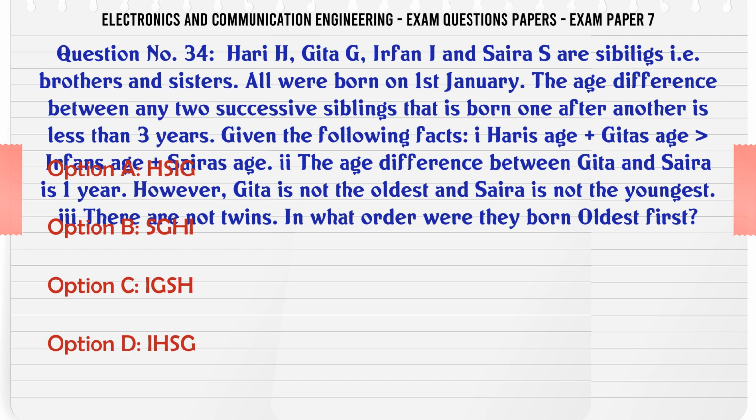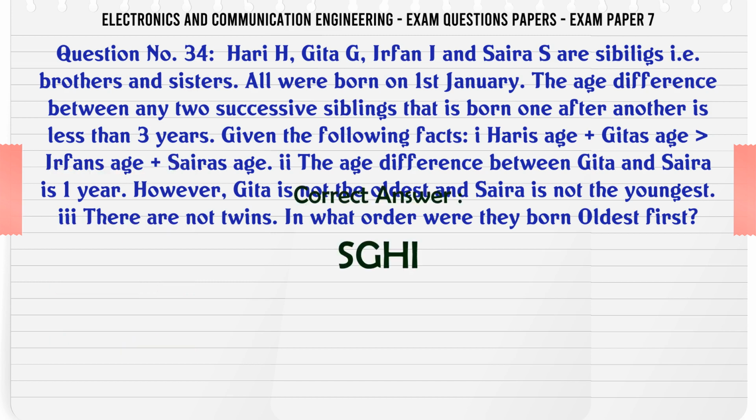The age difference between Gita and Saira is 1 year. However, Gita is not the oldest and Saira is not the youngest. 3. There are no twins. In what order were they born, oldest first? A, SIG; B, SGHI; C, IGSH; D, IHSG. The correct answer is SGHI.